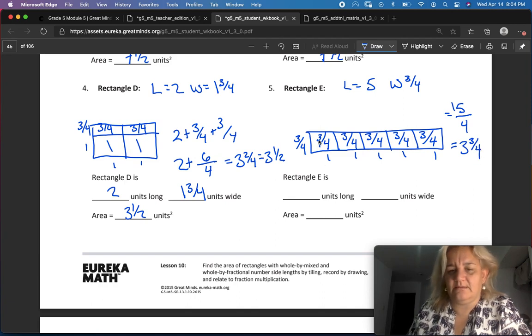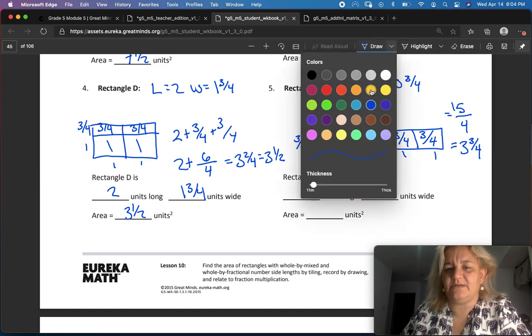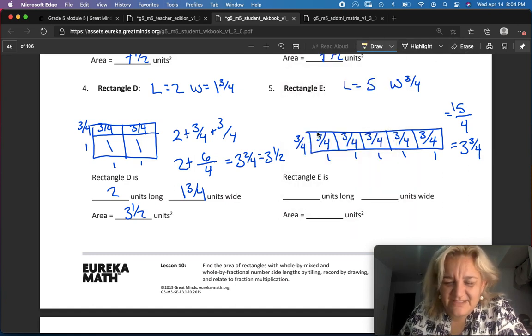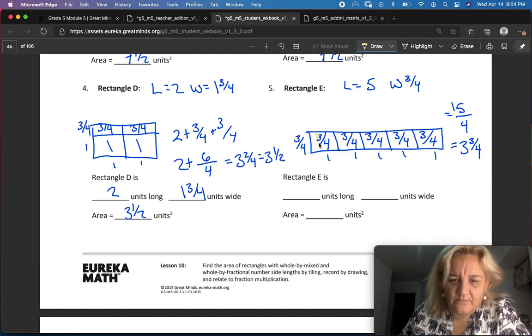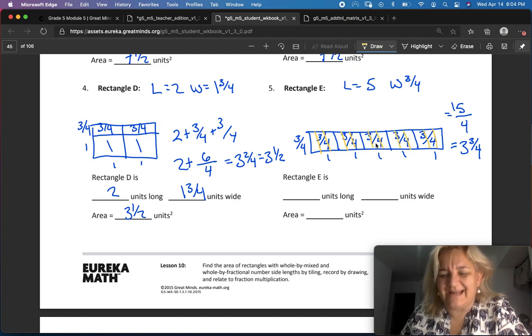Okay, and I can break that up even more if you'd like me to. Let's use a different color just so you can see what I'm talking about. If each of these is 3/4, right? 1, 2, 3, and I need 4 of them to create a whole. Here's a whole.